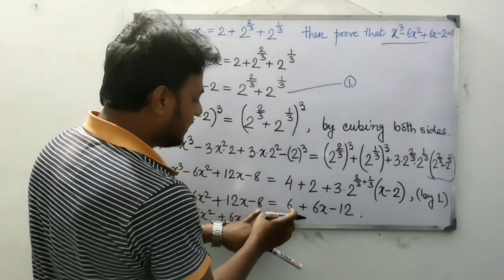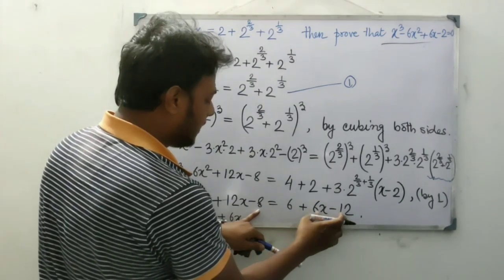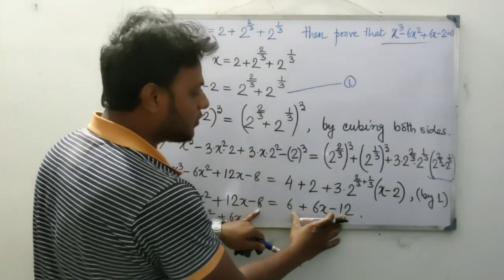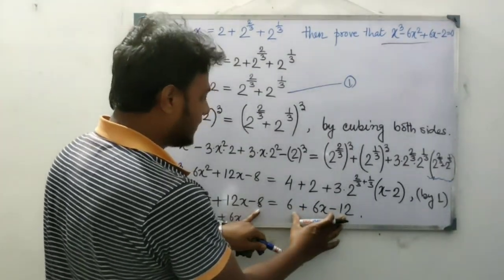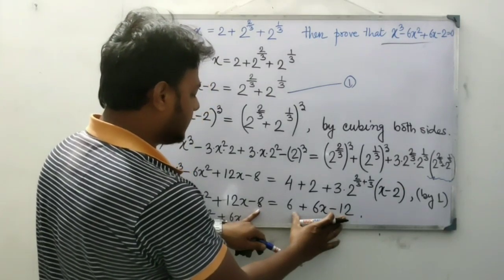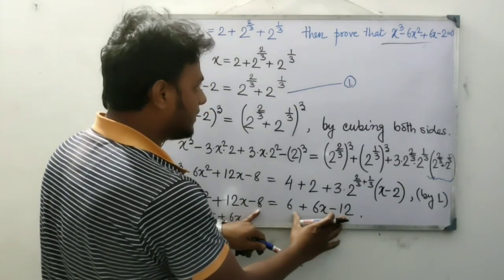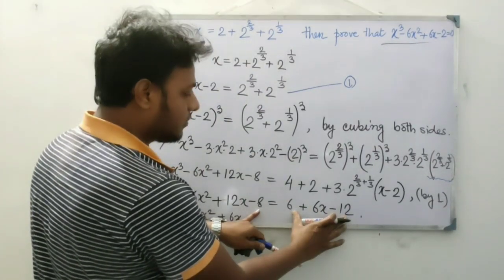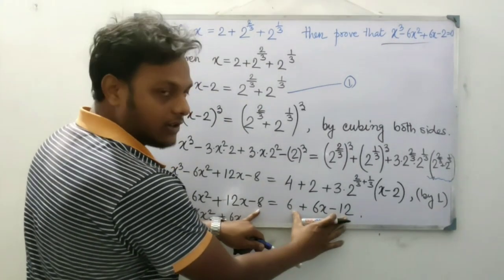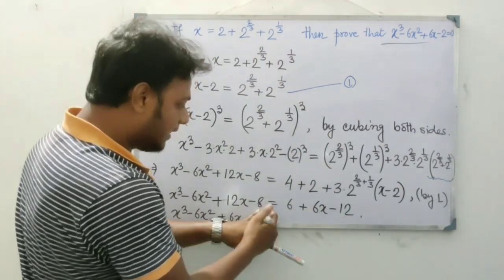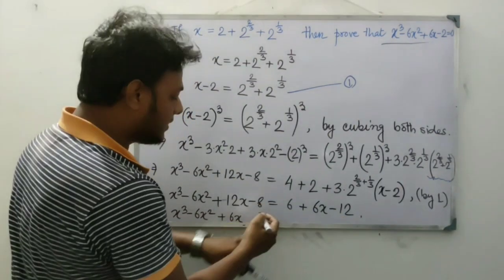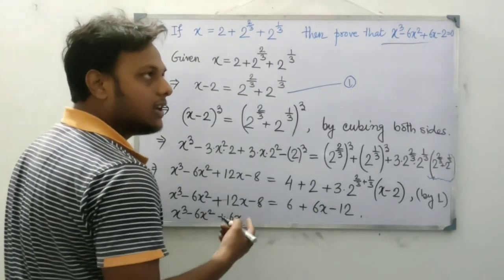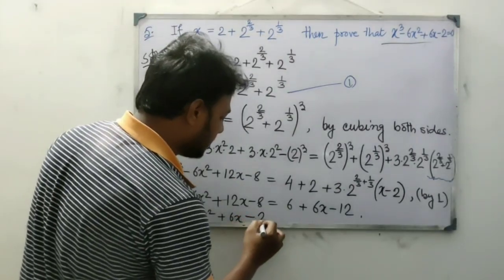On the right hand side, it will be 6 minus 12, that is minus 6. If you consider that minus 6 on this side, then it will be plus 6. So minus 8 plus 6 means minus 2, equals 0.